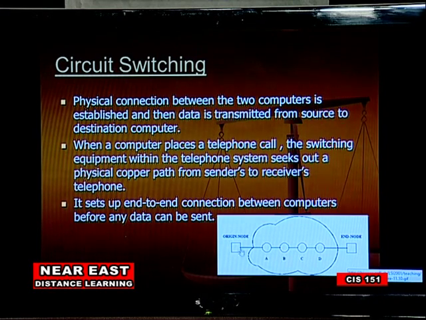So this is the sender and this is the receiver, but again, it's end to end. It sets up the end-to-end connection between computers before any data can be sent.